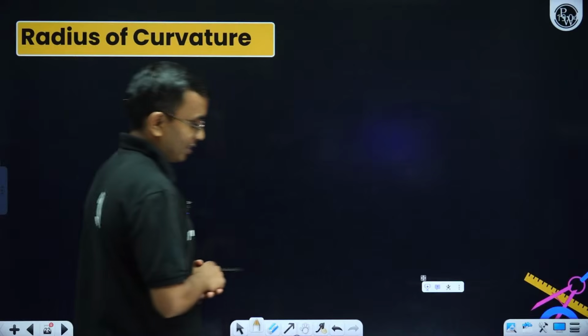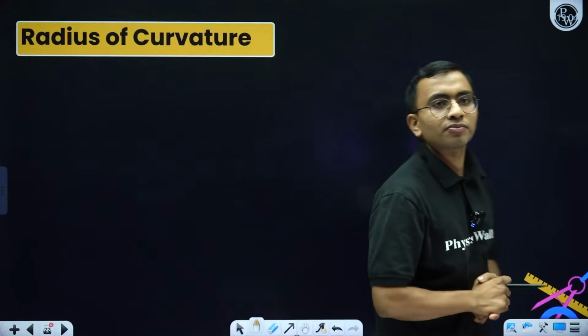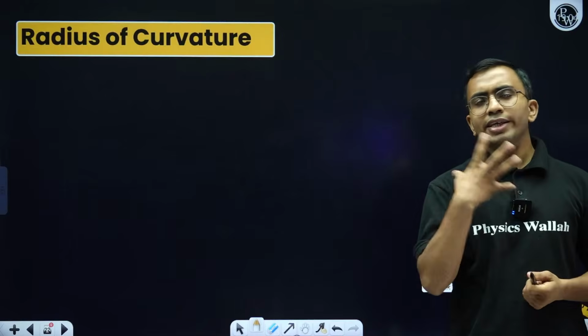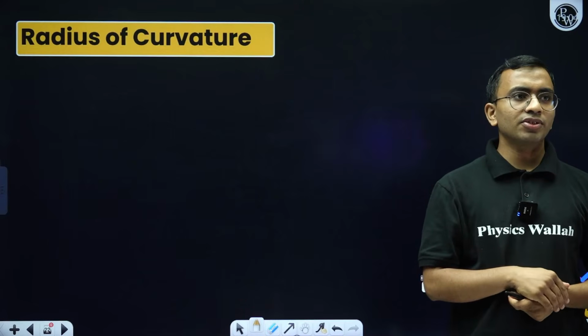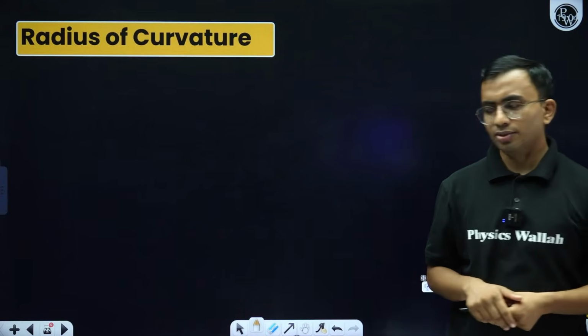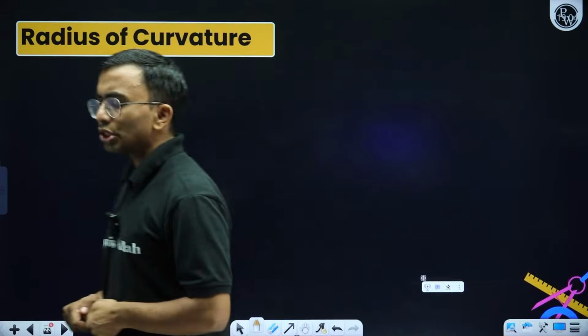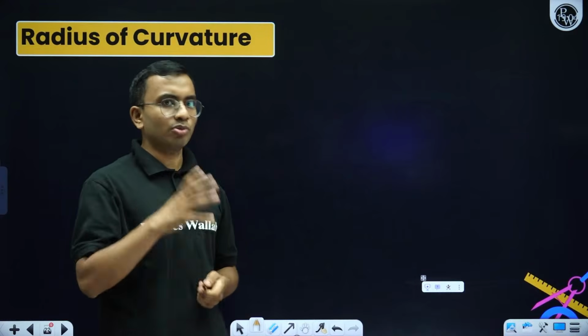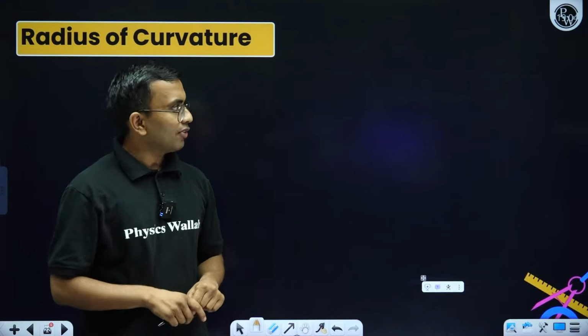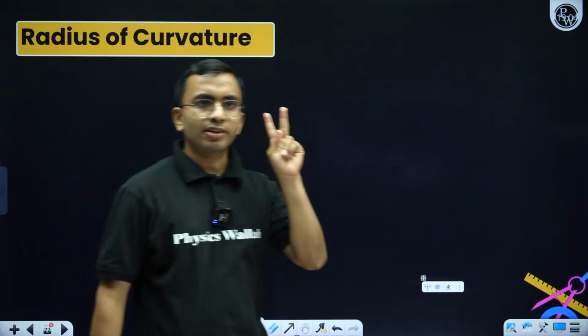Radius of curvature. In projectile motion, finding the radius of curvature is also asked many times. What is radius of curvature basically? You will understand that in circular motion. In circular motion, you know there are two types of accelerations.